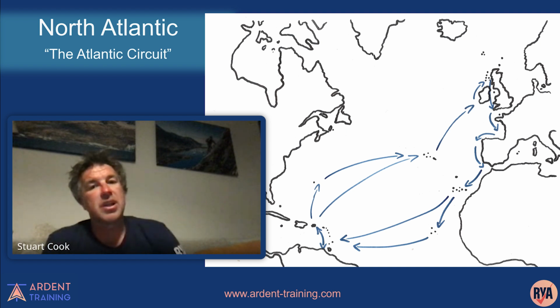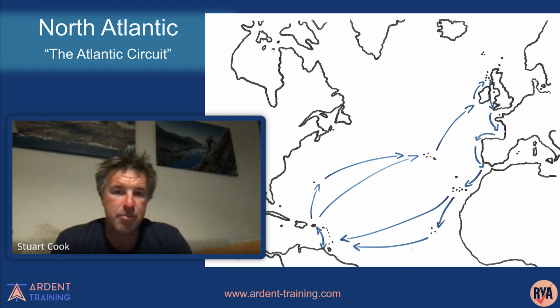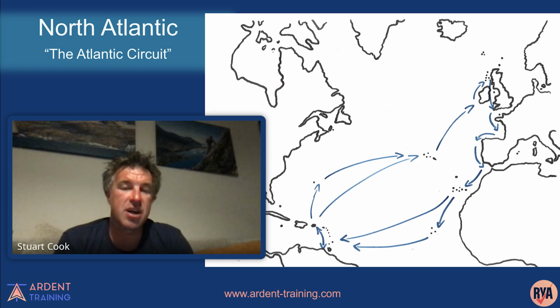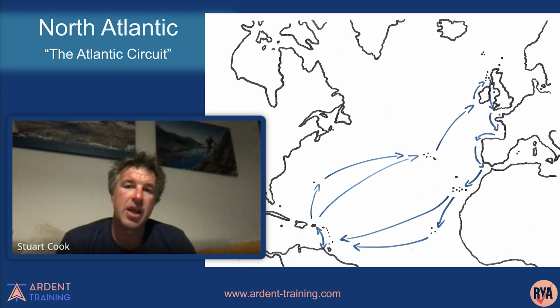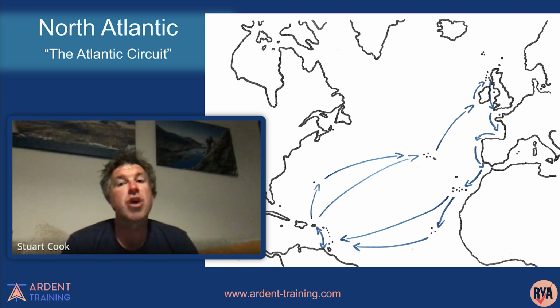If you're doing something like this, the Atlantic Circuit, then the other thing we have to be aware of is TRSs, which are tropical revolving storms, known to us in the North Atlantic as hurricanes, elsewhere in the world as cyclones and typhoons as well. They determine when it is safe to cross the Atlantic.